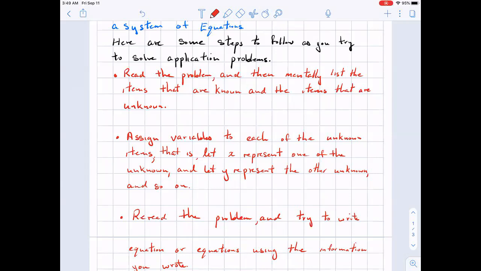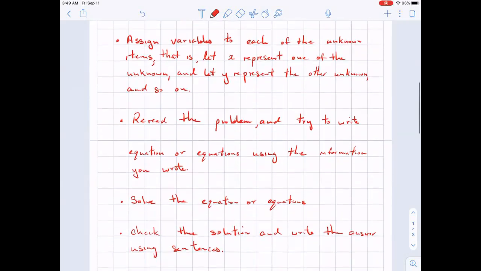Sometimes you may have to read a problem 3 or 4 times. 2. Assign variables to each of the unknown items. That is, let X represent one of the unknowns, let Y represent the other unknown, and so on. Reread the problem and now try to write equations using the information you wrote.